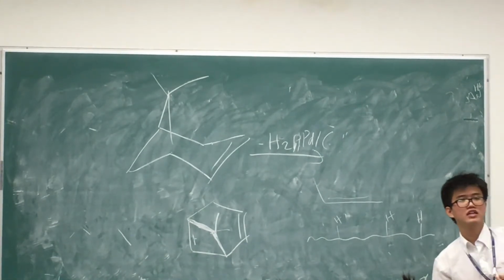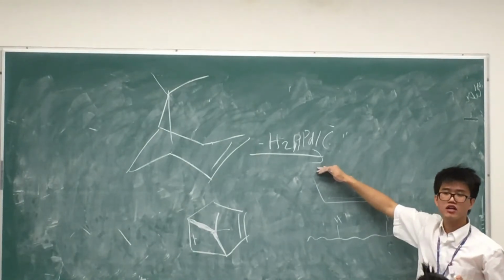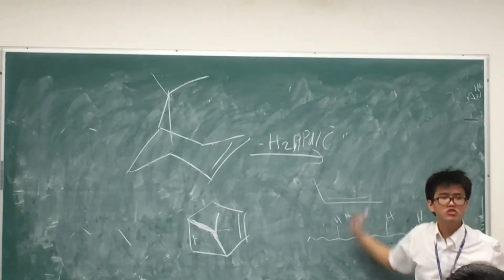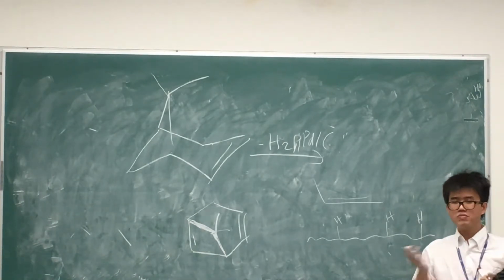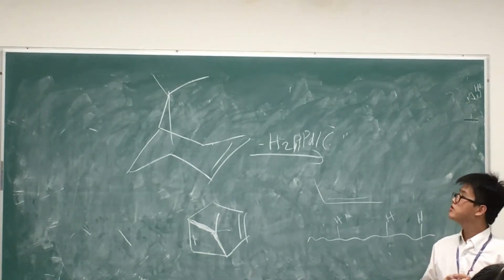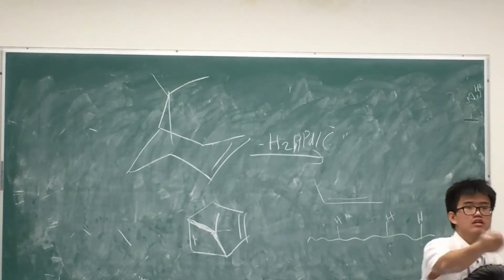Eunice, any idea? What do you think? So, what is the purpose of this reaction? H2, Pd/C. To add hydrogen, right? Okay. It should be easy. But add to where?